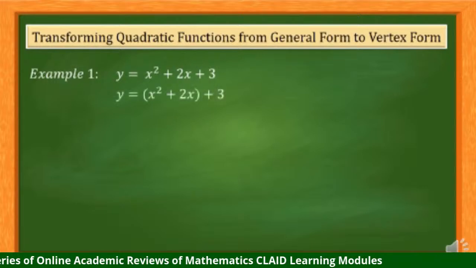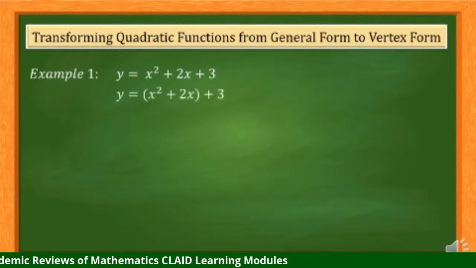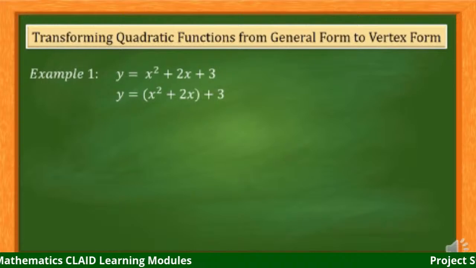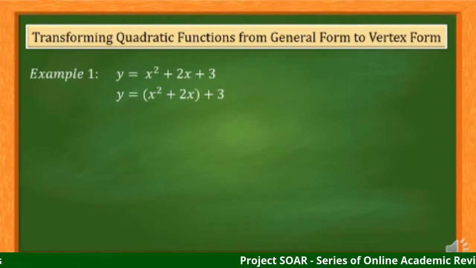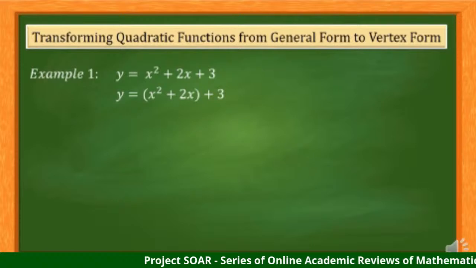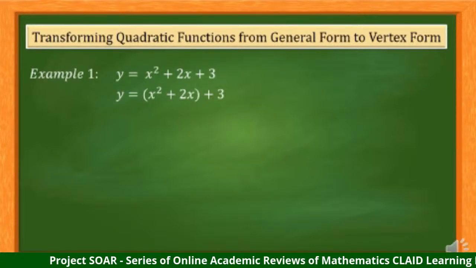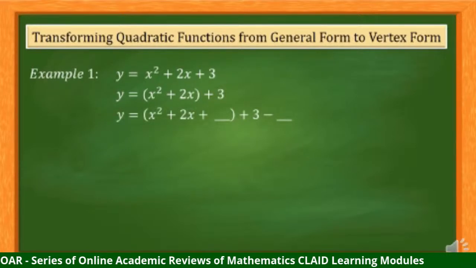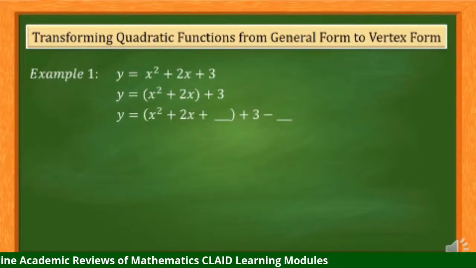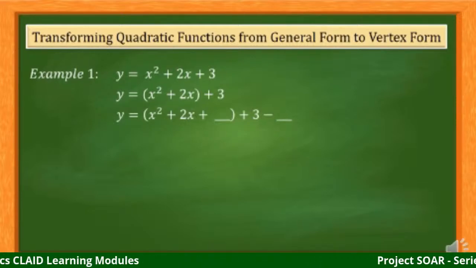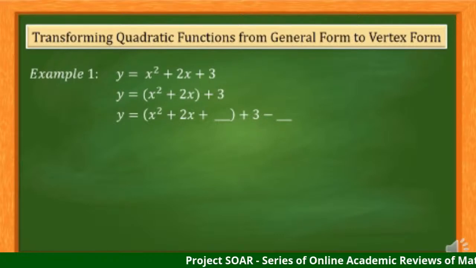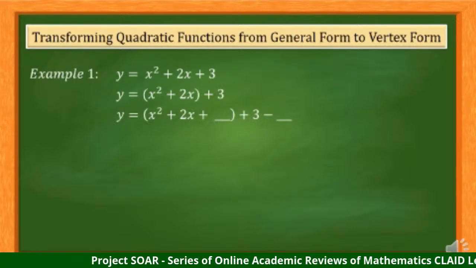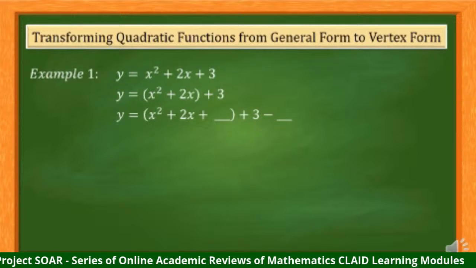We have y is equal to the quantity of x squared plus 2x, plus 3. Next step is gagawin nating perfect square trinomial yung expression na nasa loob ng parentheses. Maghahanap tayo ng value na i-add sa kanya para maging perfect square trinomial. Pero lagi niyong tatandaan na kapag nag-add tayo sa expression na nasa loob ng parentheses, magma-minus naman tayo sa constant.